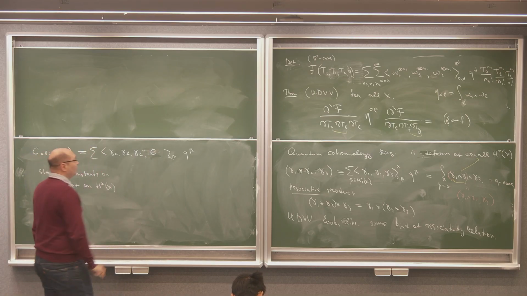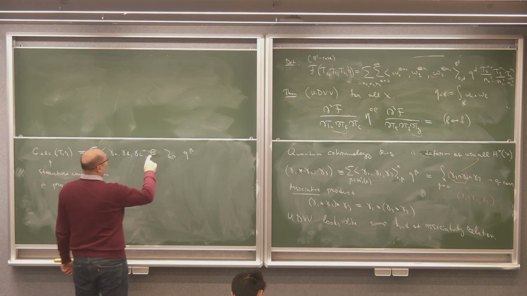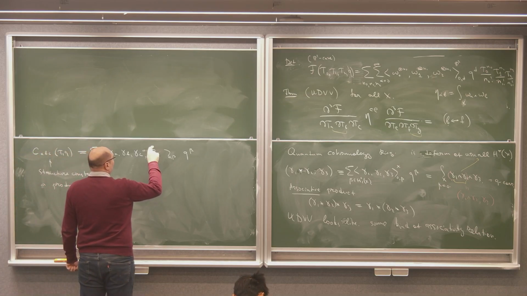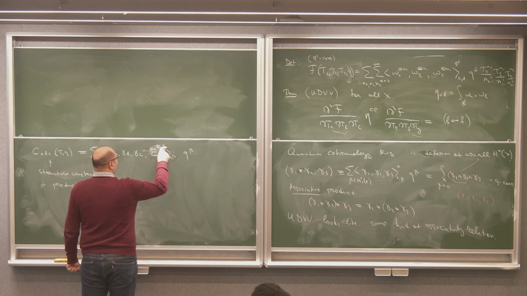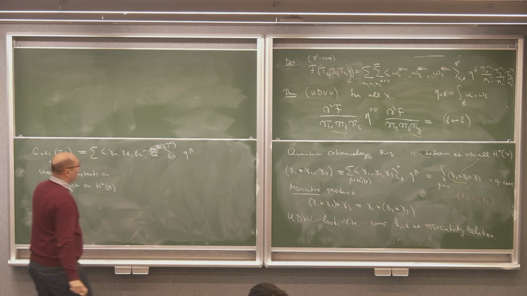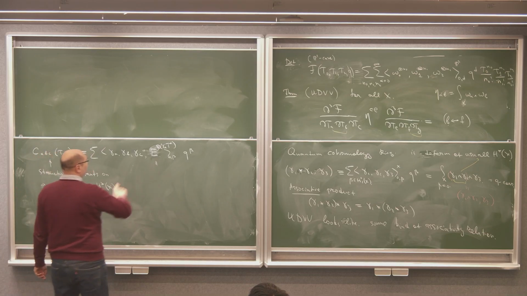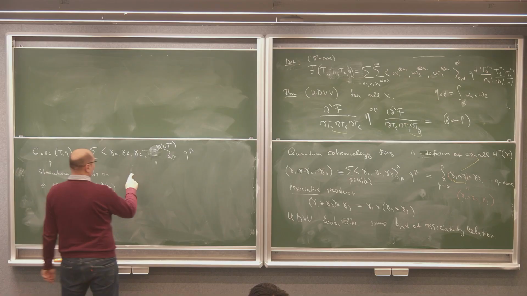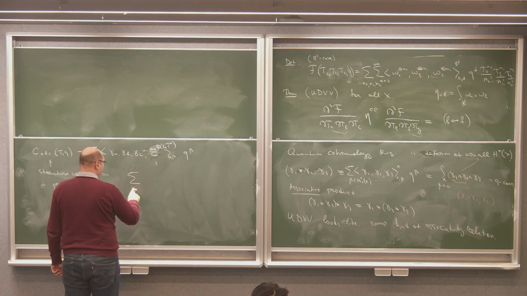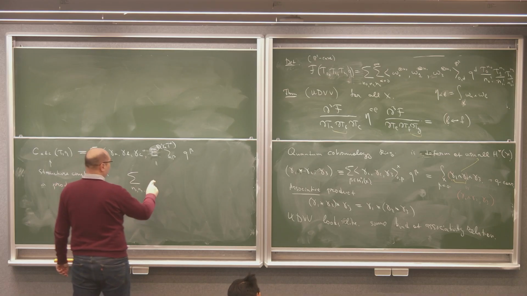Let me insert here a formal insertion of the big exponent of gamma alpha t alpha. This notation literally means the following, that we have a summation over n1, n2, and so on.